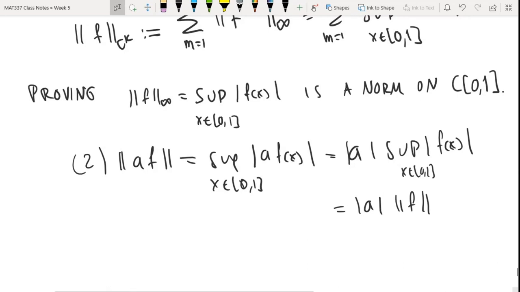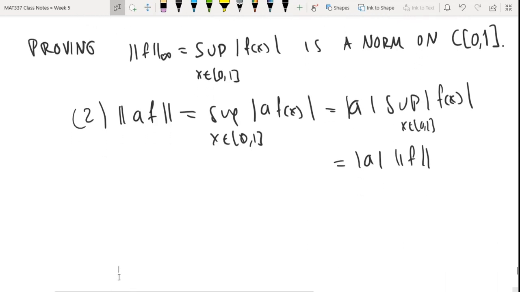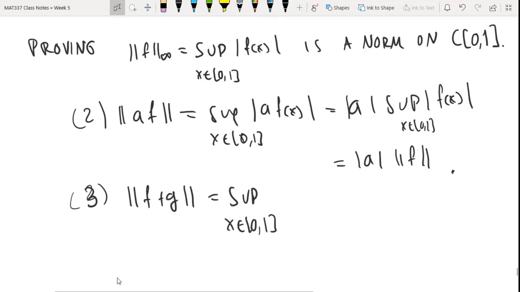So you have homogeneity, that's over. And then the triangle inequality is also easy. Just use the usual triangle inequality for absolute value.